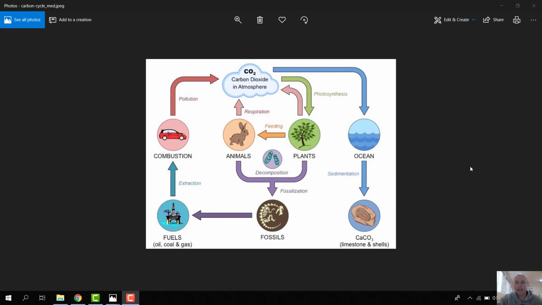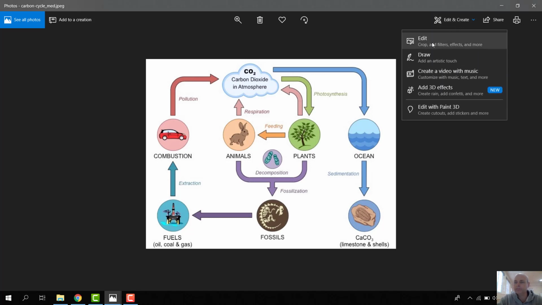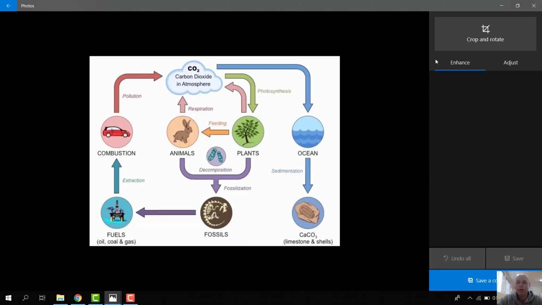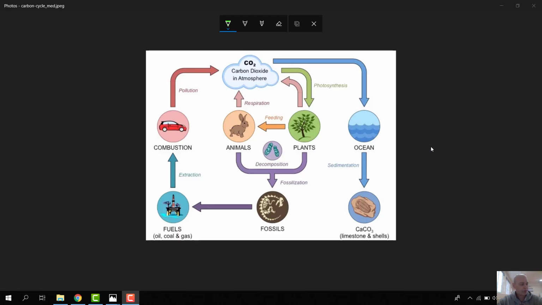So let's take a look at this image. If you look at the image, it has several arrows showing different ways of moving carbon around. In these different methods of moving carbon around, we see a couple of the processes that we've been talking about.